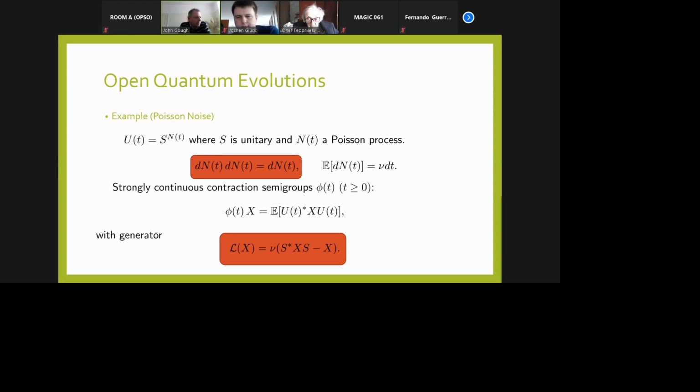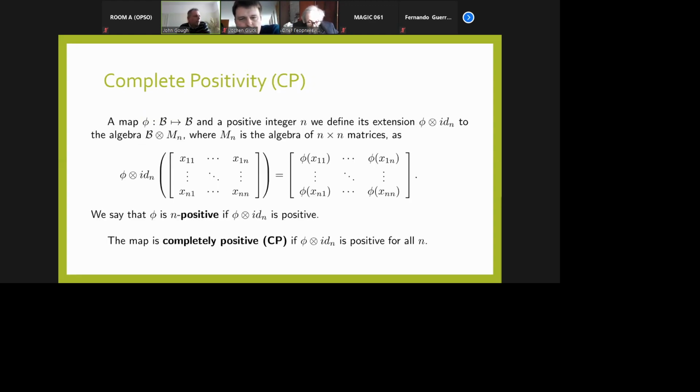What you find again is that you get a generator, and the generator will take this form here. Okay, so this is the idea of having a random evolution, which you then average over. And because of the particular structure here, we're ending up with semigroups.